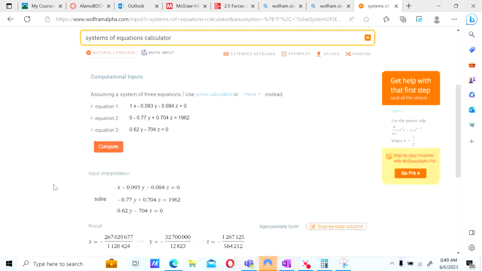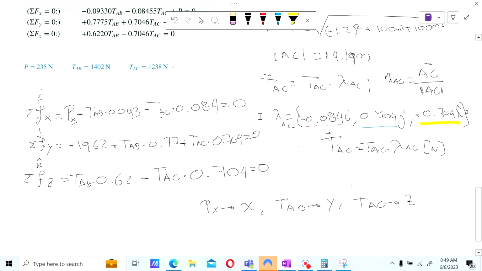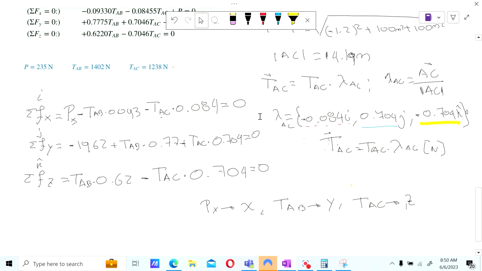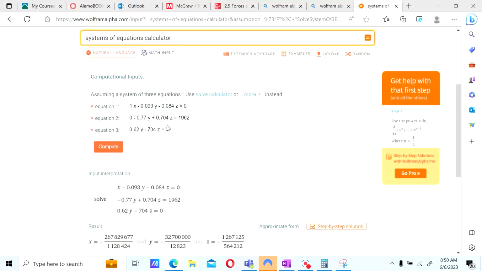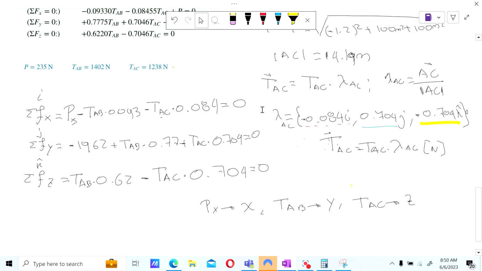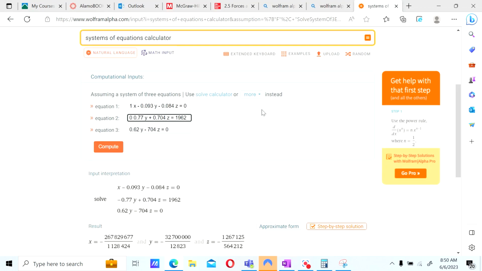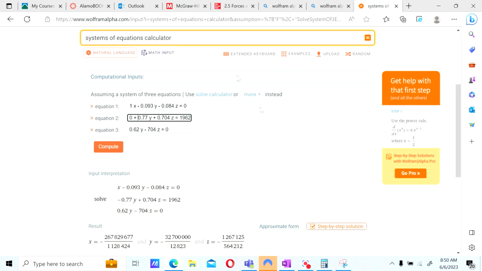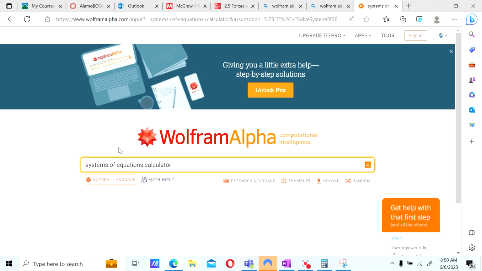Right, first of all, did we do this correctly? 1x minus 0.093 minus 0.084, 0, and plus, and plus 0, minus. I think there was an issue there.